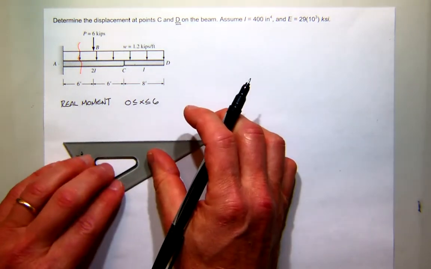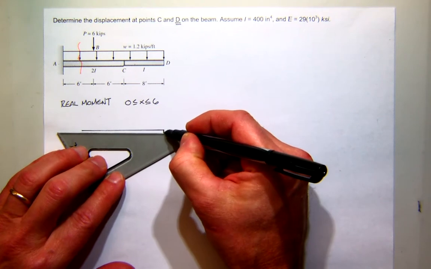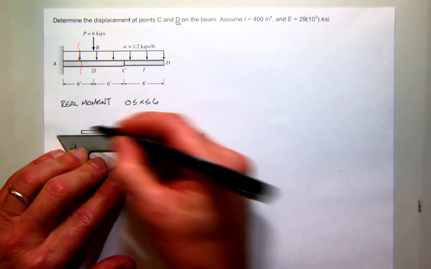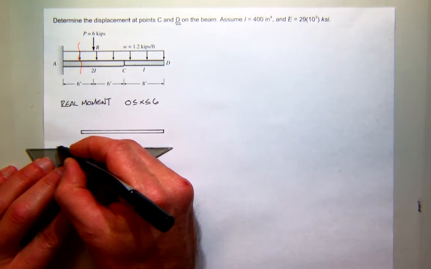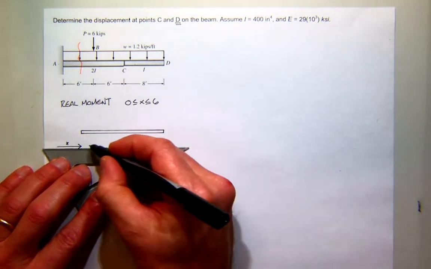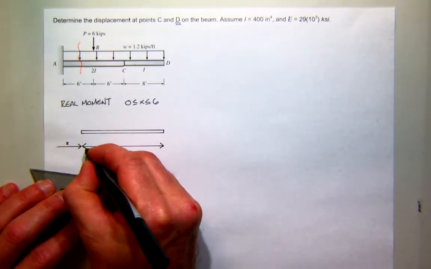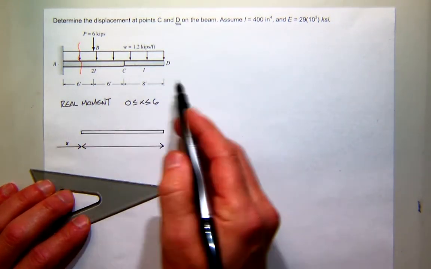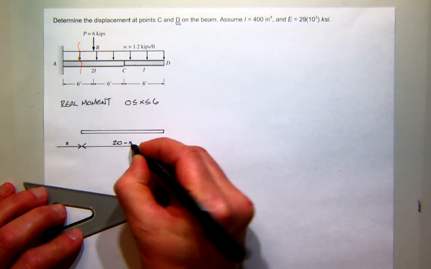So if I cut my free body diagram here, let's see, what do I get? Well, I know I'm measuring x in this direction. So what is the remaining length of this structure? Well, the total distance is 20, so this should be 20 minus x.